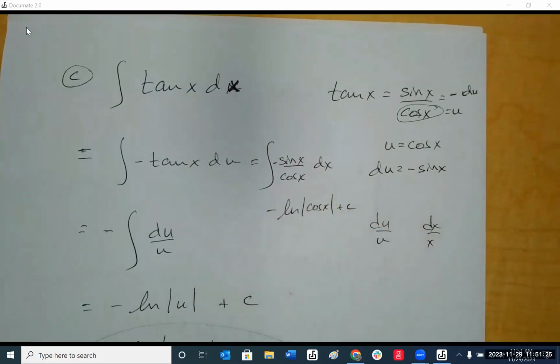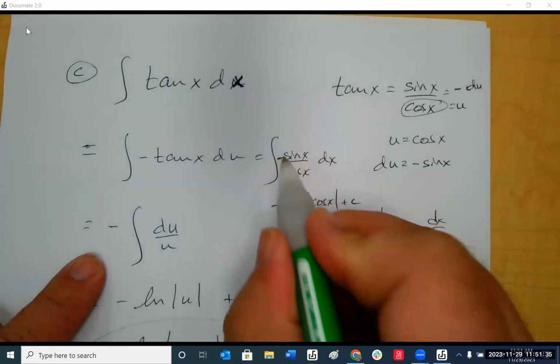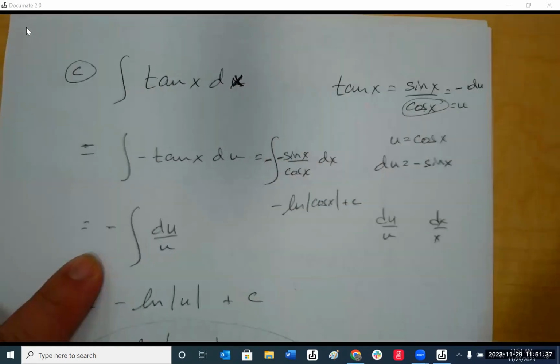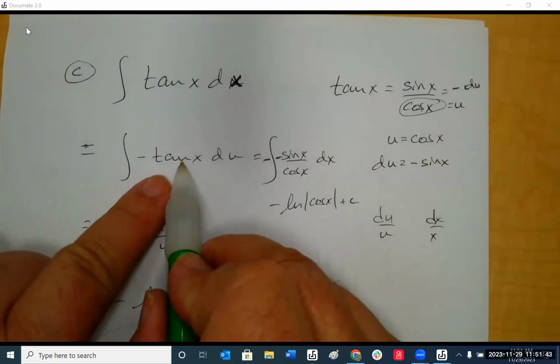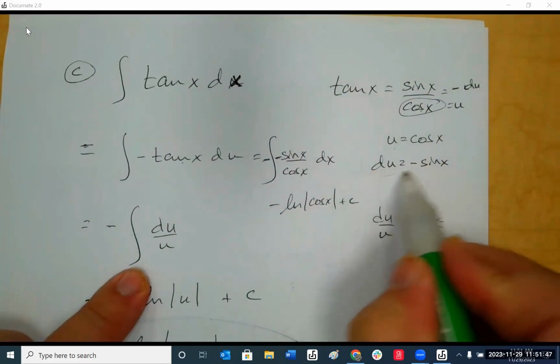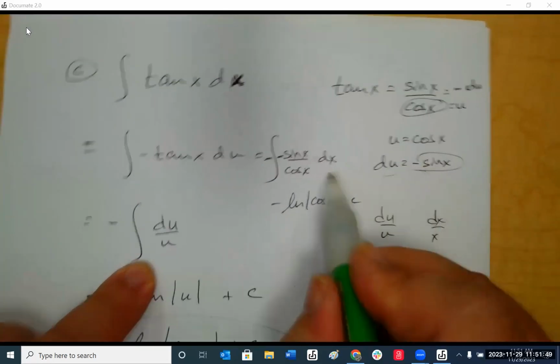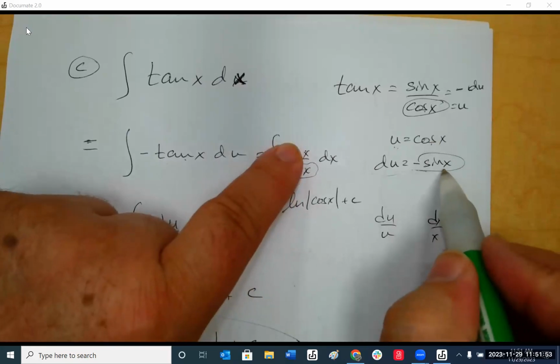So why did we cancel out the second one, where it's just negative? Because we had to put a negative in front of the sine to cancel it. Because now tangent x is sine over cosine, so this became negative sine x. Cosine was u, the derivative is negative sine x.